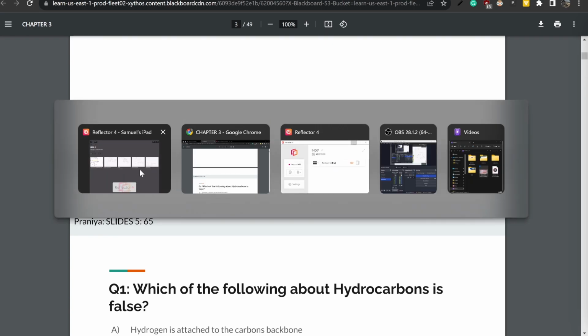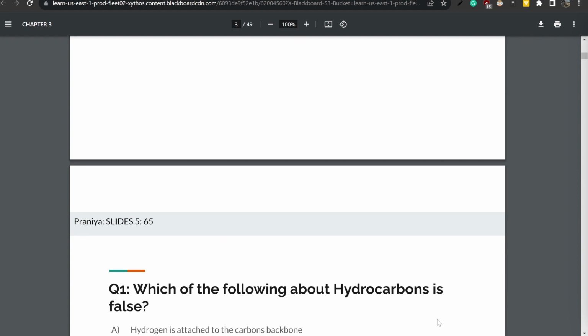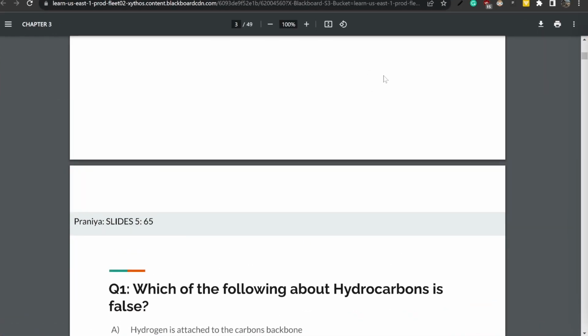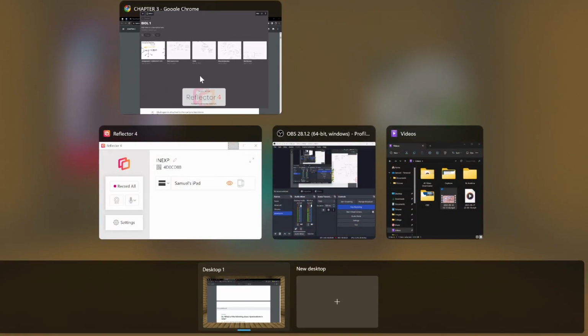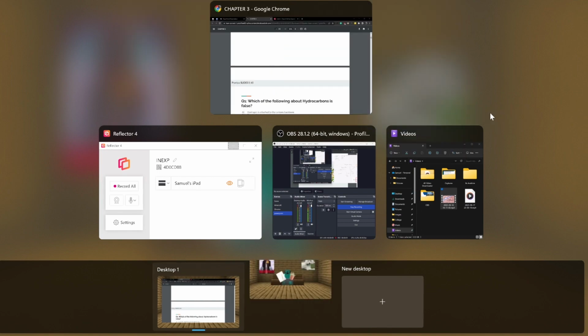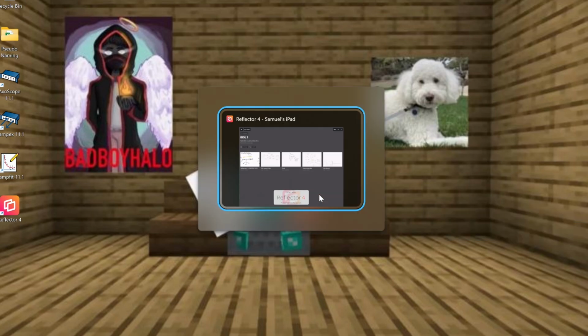I can see it. Where'd it go? It's like right there. Come on, show yourself. Move to new desktop. New desktop 2. Where is it? What the heck?